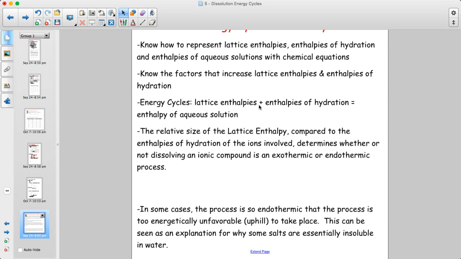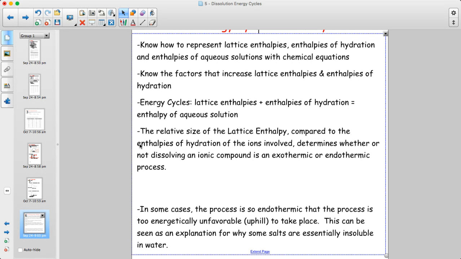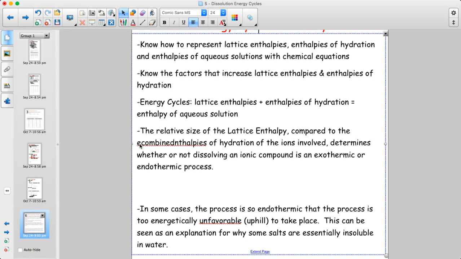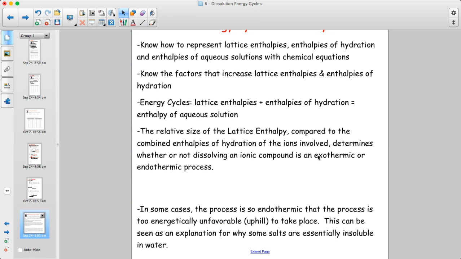Lattice enthalpies plus enthalpies of hydration add up to the enthalpy of aqueous solution. And overall, the relative size of lattice enthalpy in terms of its magnitude compared to the magnitude of the combined enthalpies of hydration of the ions involved determines whether or not dissolving an ionic compound is exo or endothermic.